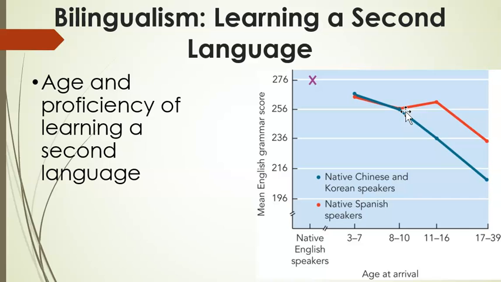Now, once you get older, Spanish is more similar to English. So as you get older, you're still not going to do as well, but you're going to do a lot better than if your native language is a language that's unrelated. So Chinese and Korean is very different than English, so they're not going to do as well as, say, a Spanish speaker. But again, you can still see that they can still learn.